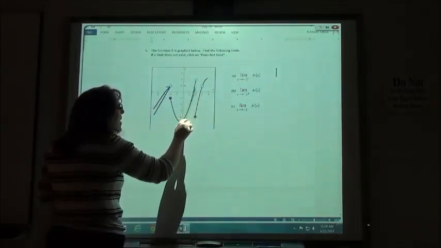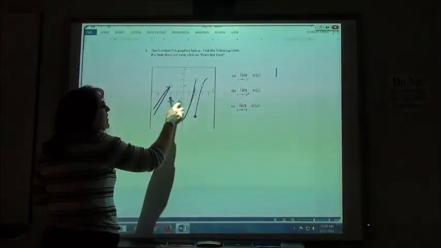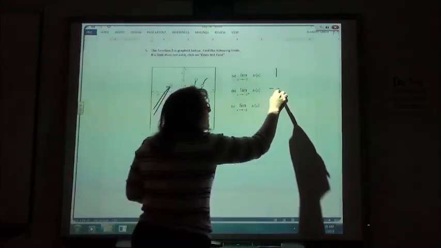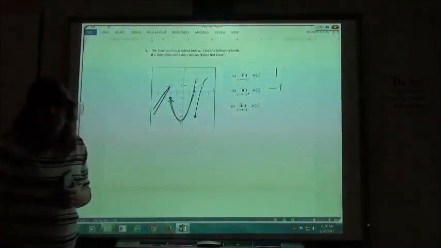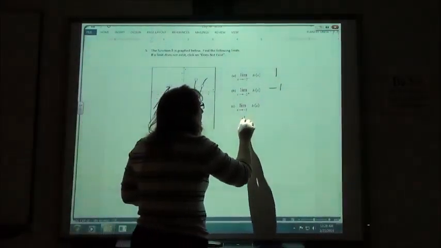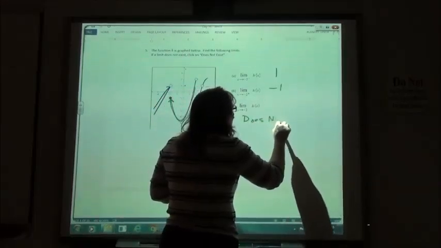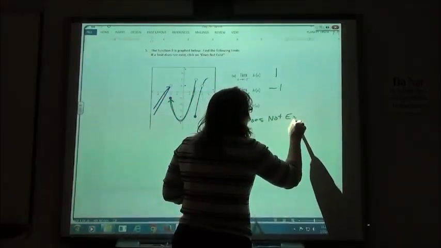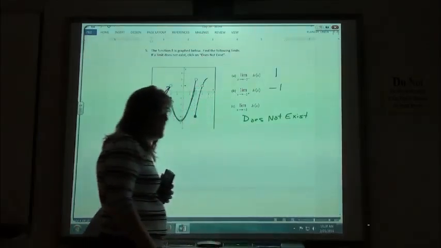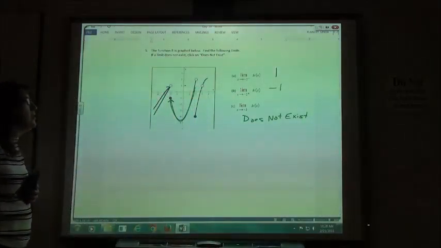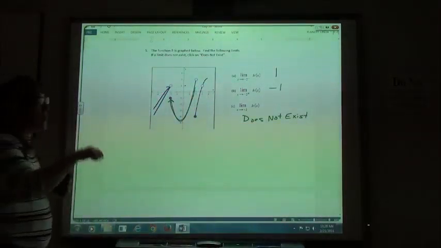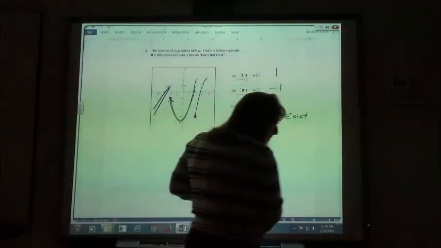So if I come from the positive direction as I go to -2, I'm going to end up at -1. Again, those two numbers are not the same thing, so my limit does not exist as x approaches -2 because I have two different values when I come from the negative direction and when I come from the positive direction.